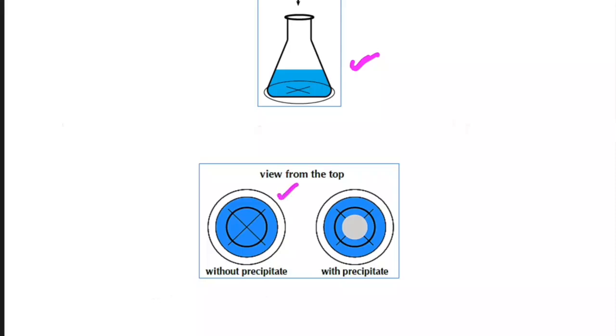You can see how it looks without the precipitate before it is formed. But after it is formed, you're no longer going to see the cross. You can see that it is covered. So that is another technique you can use to measure the rate of reaction. Expect to find these kinds of setups in the exams and so on, but not only limited to these ones.